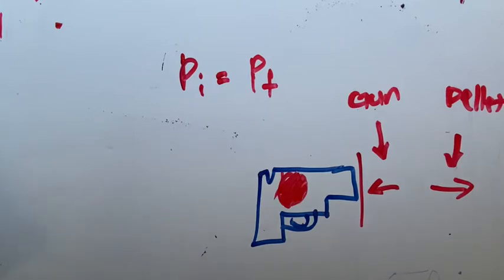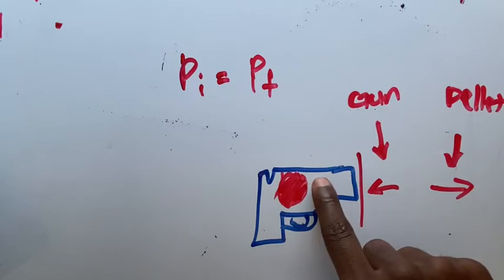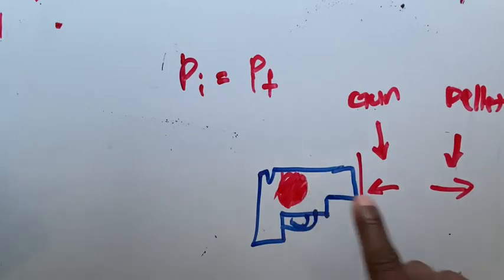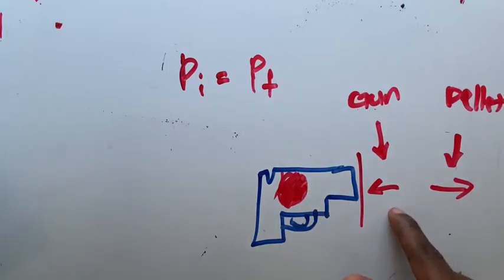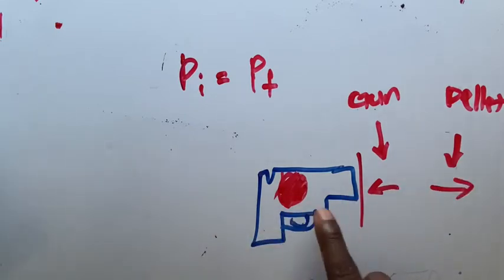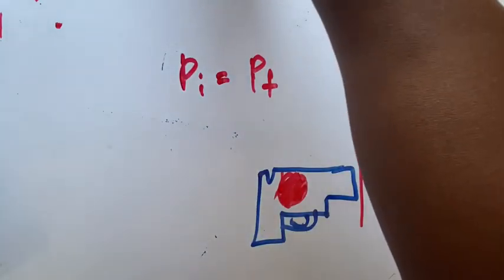Now, since the pellet has such a high mass, the gun is actually going to recoil more, or push back more against the pellet, because it has more of a mass, basically. And so that's the best way I think I can explain that. So let's see, moving on to 7 then.